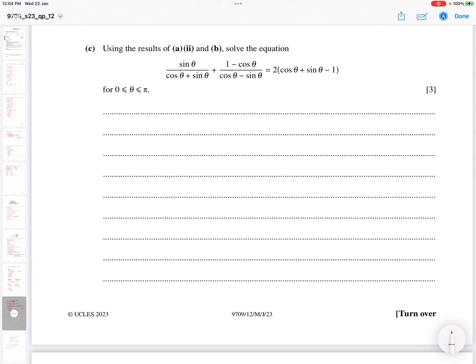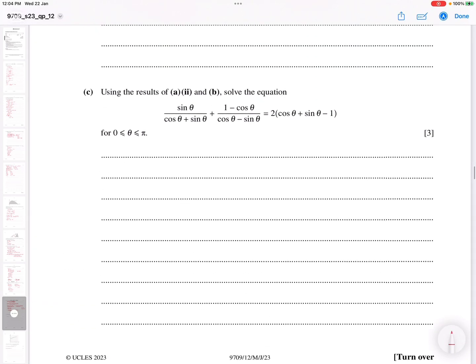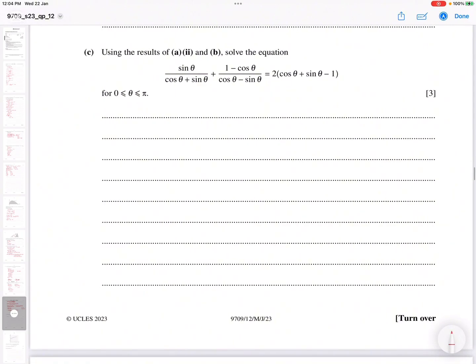Using the result of A2 and B, solve the equation for theta less than or equal to pi and greater than or equal to 0. Okay.